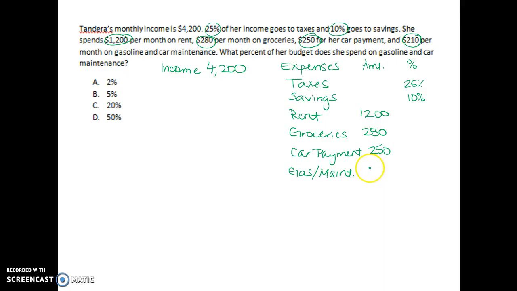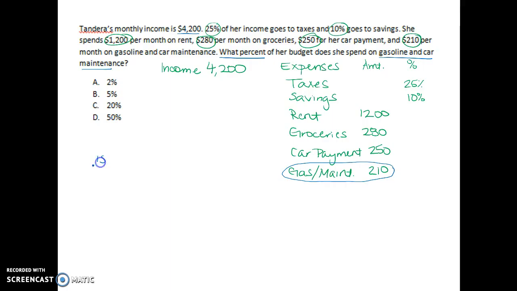And that was $210 per month. So what percent of the budget does she spend on gasoline and car maintenance? So if you'll notice, they gave us a lot of extra information, but we're looking at gas and car maintenance. So it's saying what percent is gas and car maintenance out of her total income.